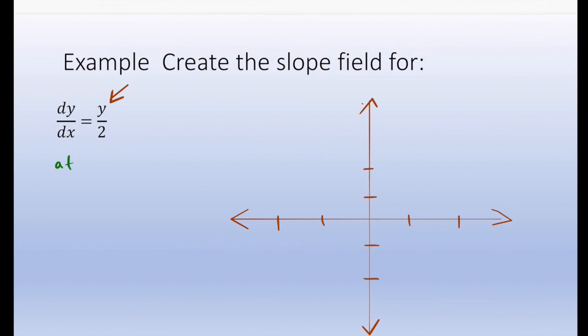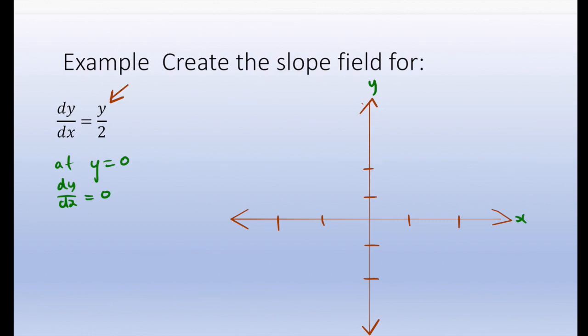Now I'm going to draw my slopes. So at y equals, let's start with 0, dy dx equals 0. So that means this is the y value and that's our x value. That means at the point y equals 0, which is here, okay, the x-axis is y equals 0.